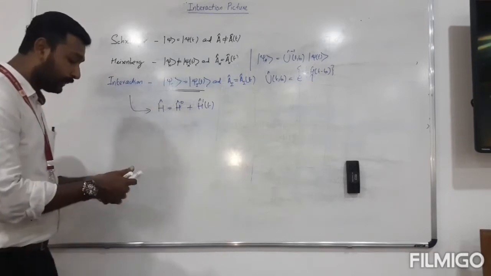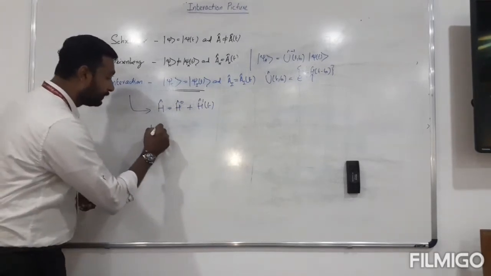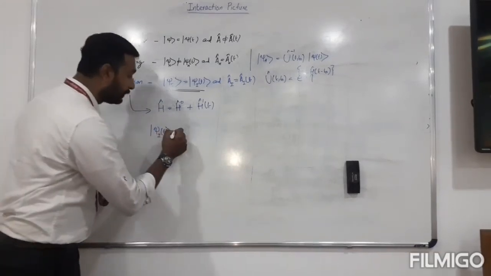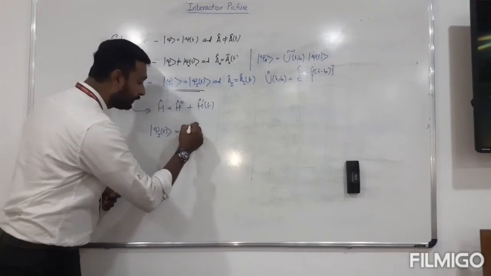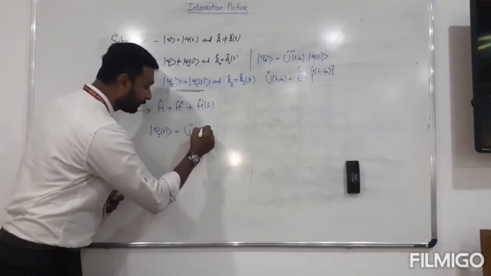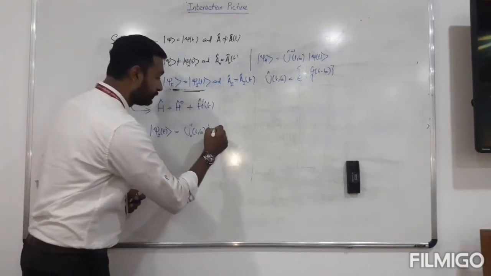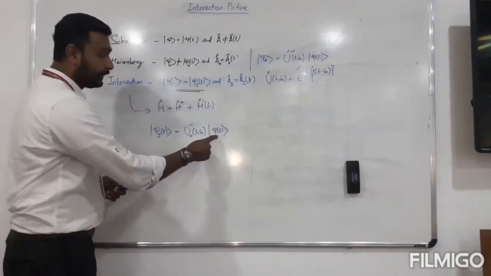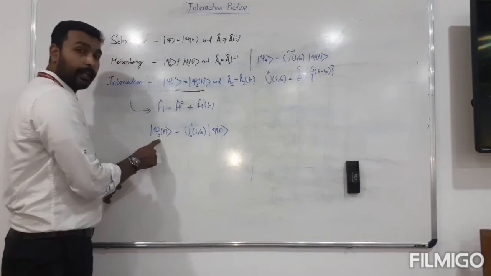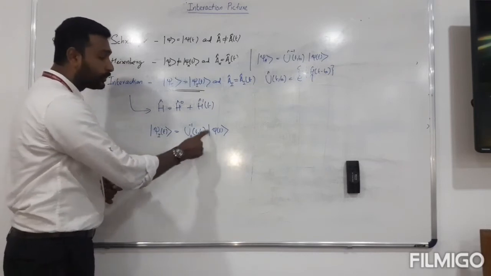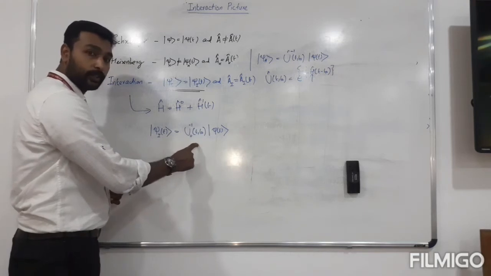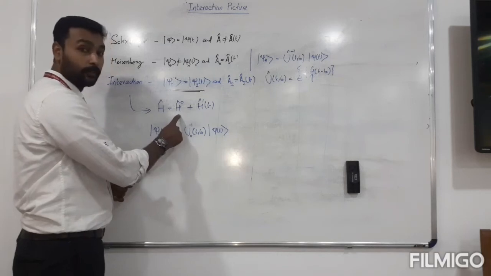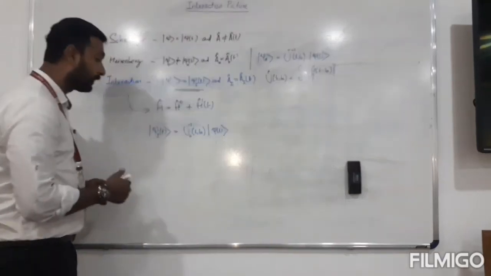So then I can write the state vector in the interaction picture, which is a function of time, as U0 inverse(t, t0) psi of t. Here psi of t is the state vector in the Schrödinger picture and psi I is the state vector in the interaction picture, and U0 is a unitary operator with the generator H0, which is the time independent part of the Hamiltonian.